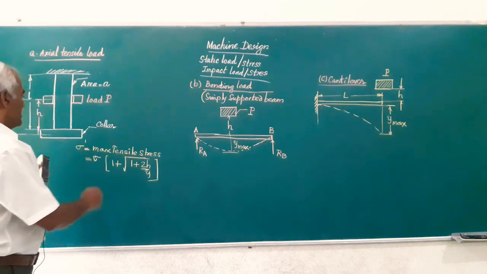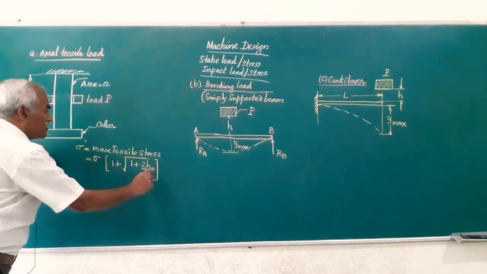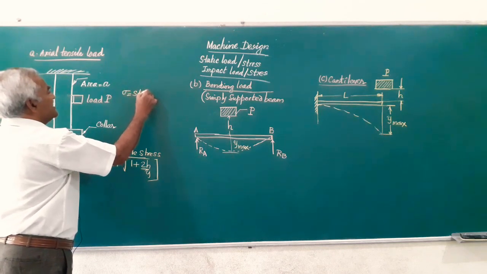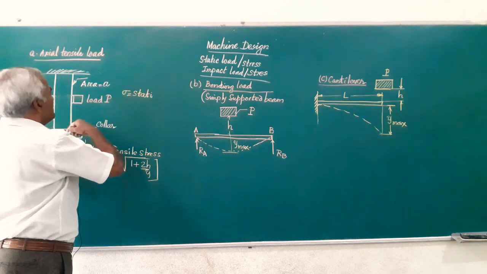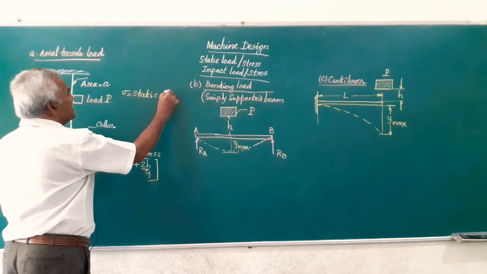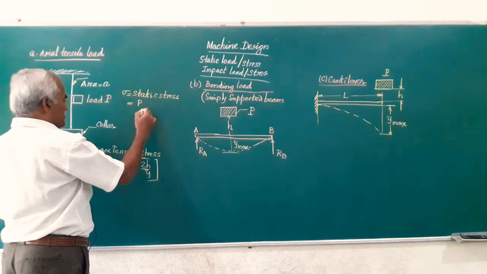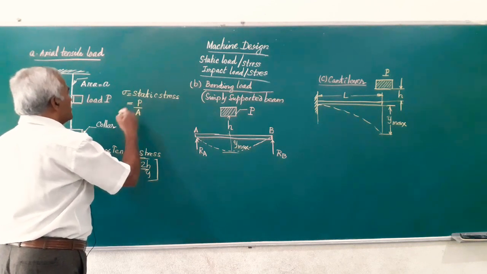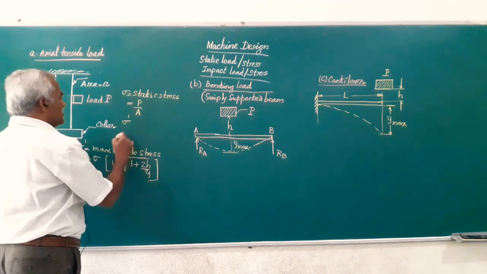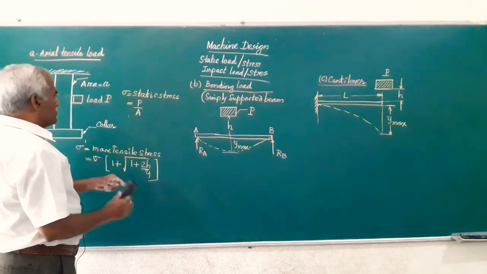So friends, here sigma is the static stress, that is the stress caused in this member if it is subjected to a static load. This is the static tensile stress, given by P by A, load over area of cross section, and this sigma dash is given by this equation, sigma multiplied by 1 plus square root of 1 plus 2h by y.